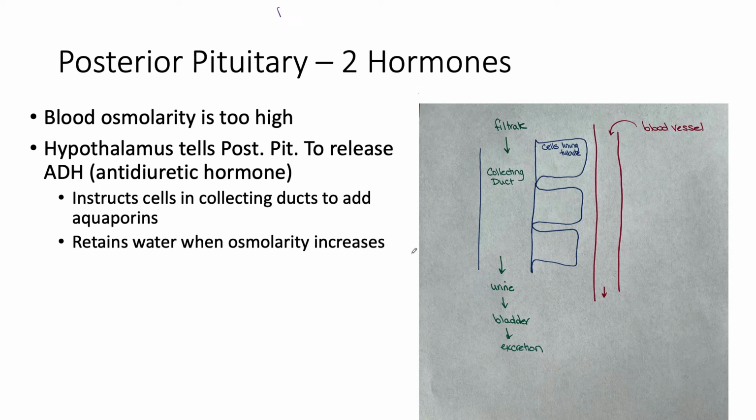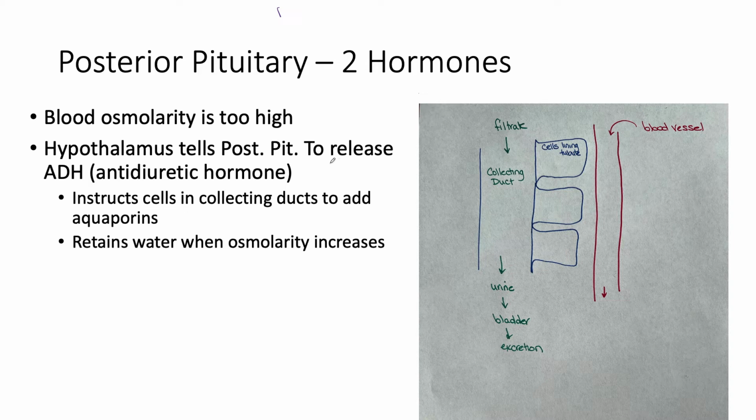So in ADH, what happens is the blood osmolarity gets too high. What that means is there's too much stuff in the blood. It gets too thick. So the hypothalamus receives information about this, makes its decision, and it tells the posterior pituitary to release antidiuretic hormone.